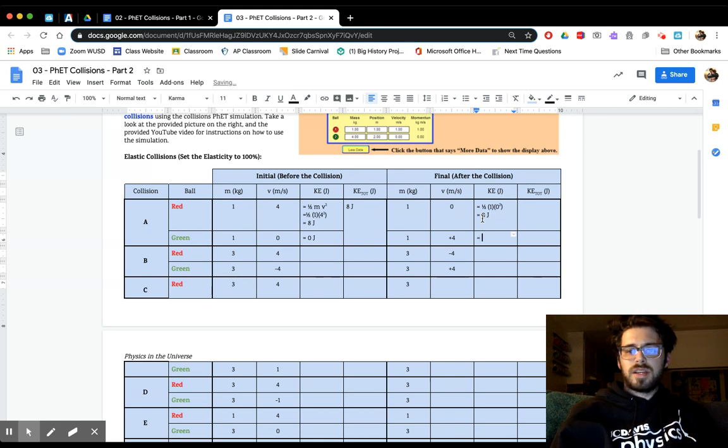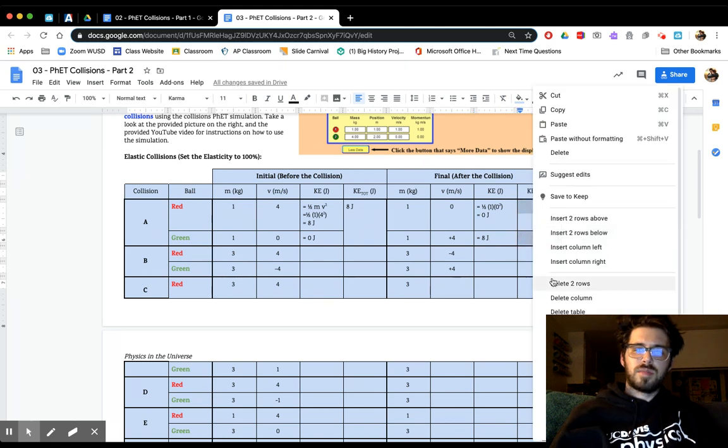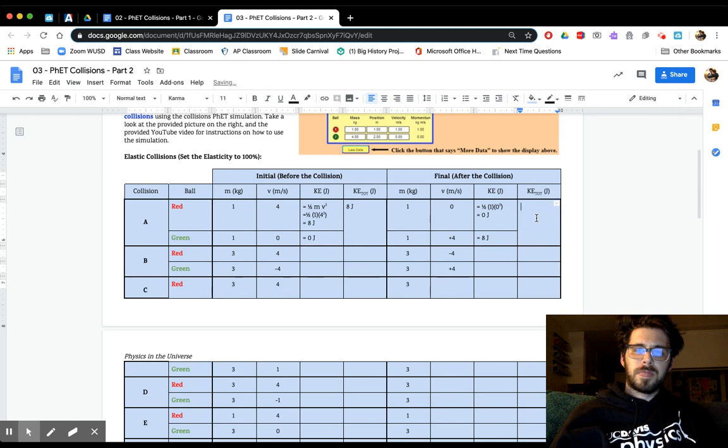And right here, if you take a look, it's 1 and 4 again, so we can just jump to the answer. 8 joules. I'm going to merge these cells. And this should come out to 8 joules as well. Was energy conserved in this circumstance? Looks like it. Let's do the next one.